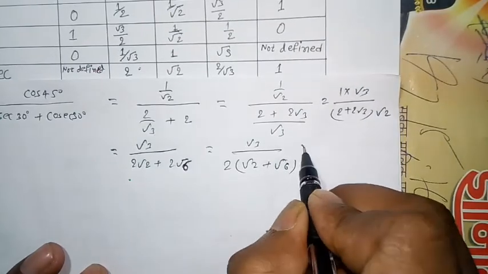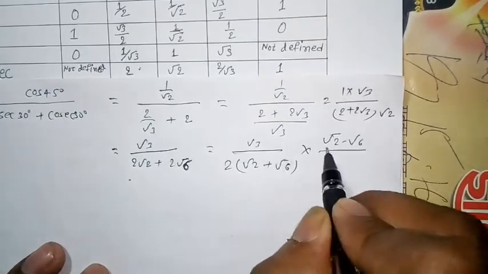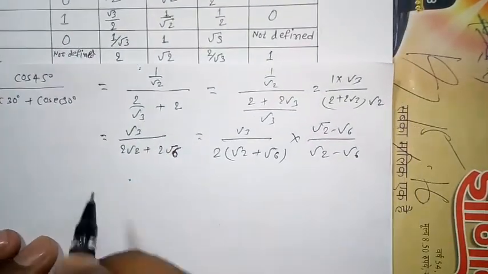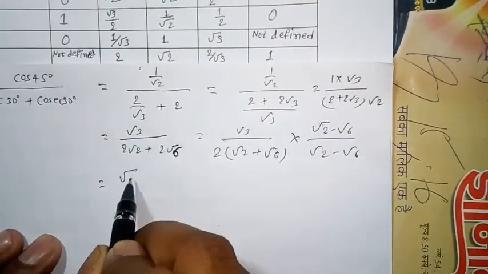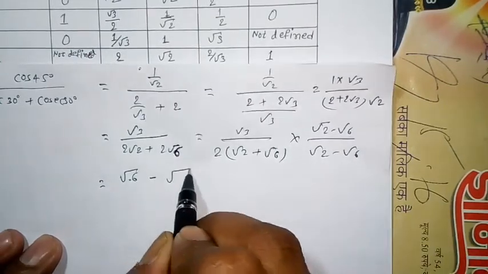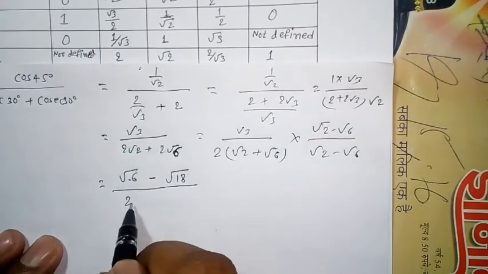Now I am multiplying root 2 minus root 6 in numerator and also in denominator, is equal to 3 into root 3 into root 2 root 6 minus root 3 into root 6 root 18 by 2.